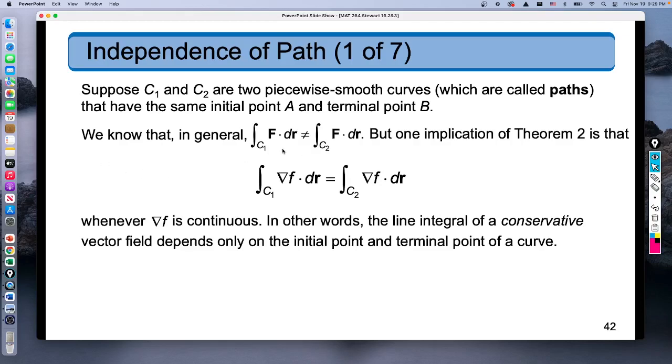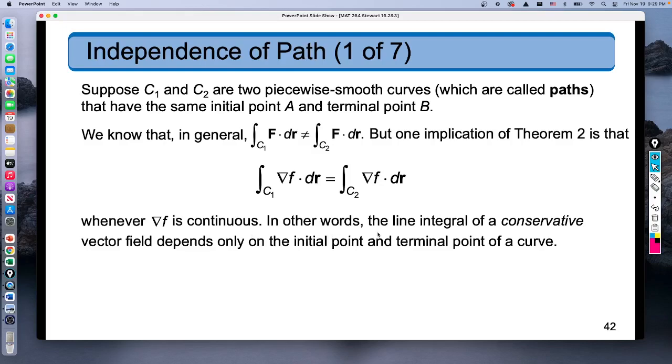So in general, if we go down two different paths, the integrals are not going to be equal, because again, these are two different boundaries, right? However, if they're two piecewise curves and they have the same initial point A and B, if we're talking about the gradient, then they are equal. If C1 and C2 are different paths, but they start and end at the same place, as long as the gradient itself is continuous.